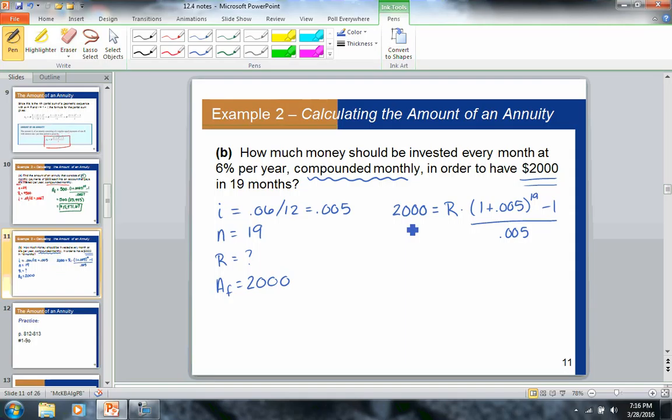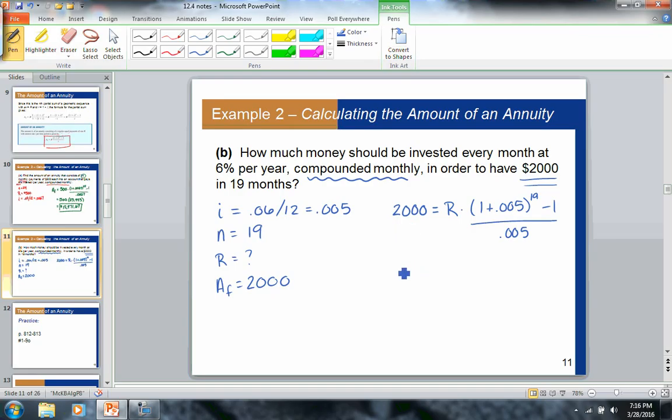Okay? So if we take the 1 plus the 0.005, and then we're going to take that to the 19th power, get an answer, and then we'll subtract 1, get an answer for that, and then we'll divide by the 0.005.